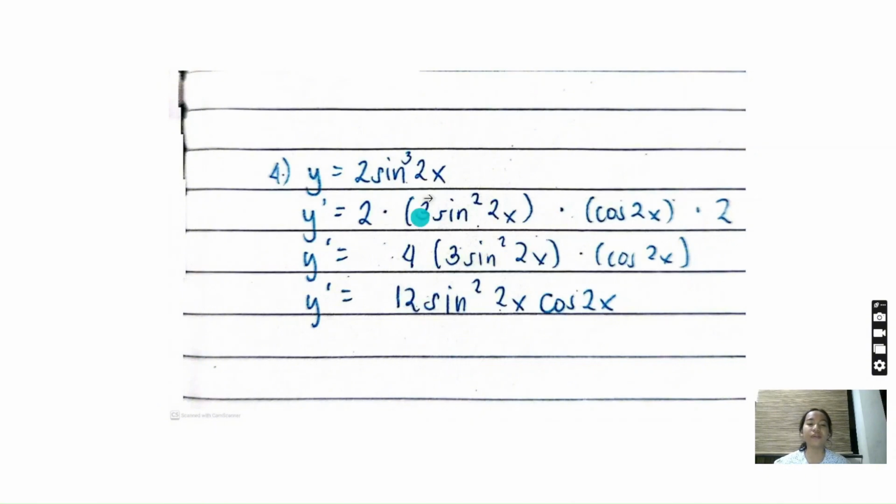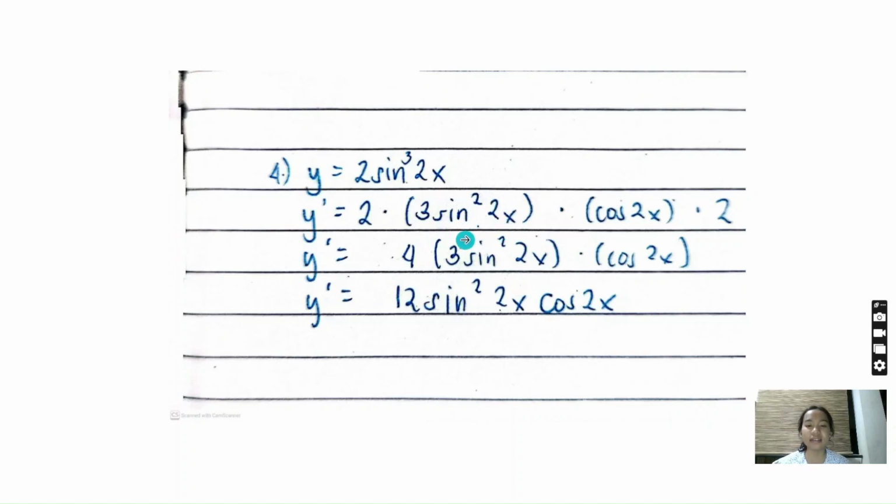Now to move forward, our function is y equals 2 sine cubed 2x. The notation for this is y prime equals, we separated 2 times 3 sine squared 2x. So why it became 3 sine squared 2x?